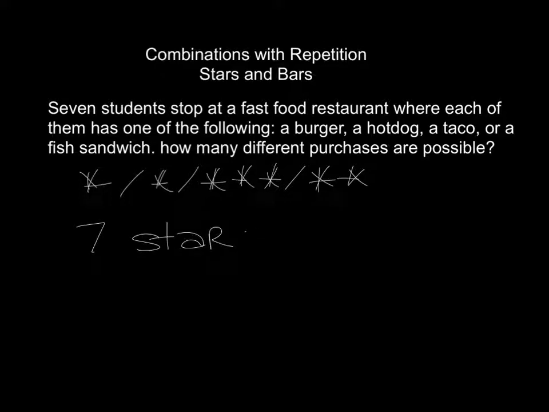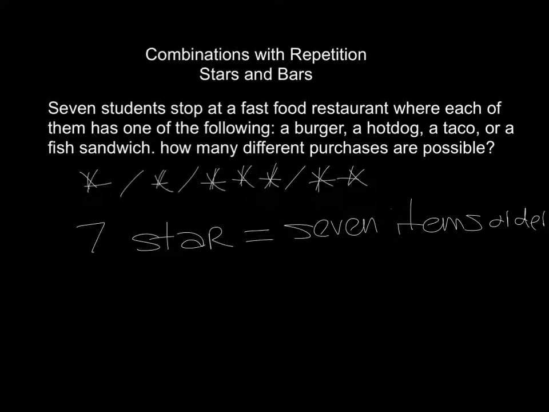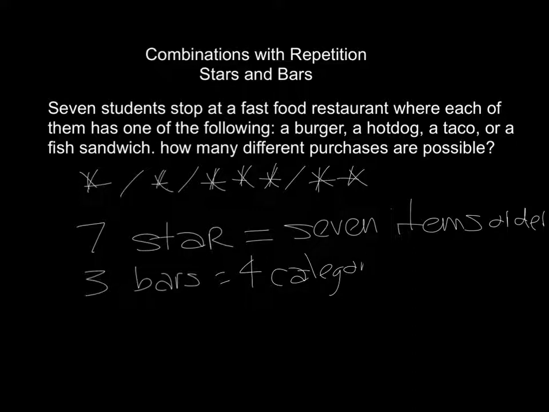And remember, the 7 stars represent the 7 items ordered. And then there's going to be 3 bars that are used to separate 4 categories of food.